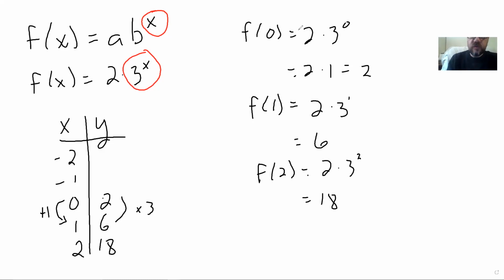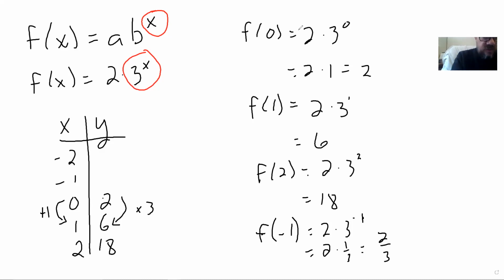Now going the other direction, of course, that means that we are dividing by 3, right? So if I do f of -1, remember that negative exponents tell you how many times you are dividing by that number. This is going to be 2 times 3 to the -1, which is 2 times a third, just 2/3. So now we are dividing by 3 every time we go down, and the next one we would divide by 3 again, which is probably easier to think of as multiplying by 1/3.